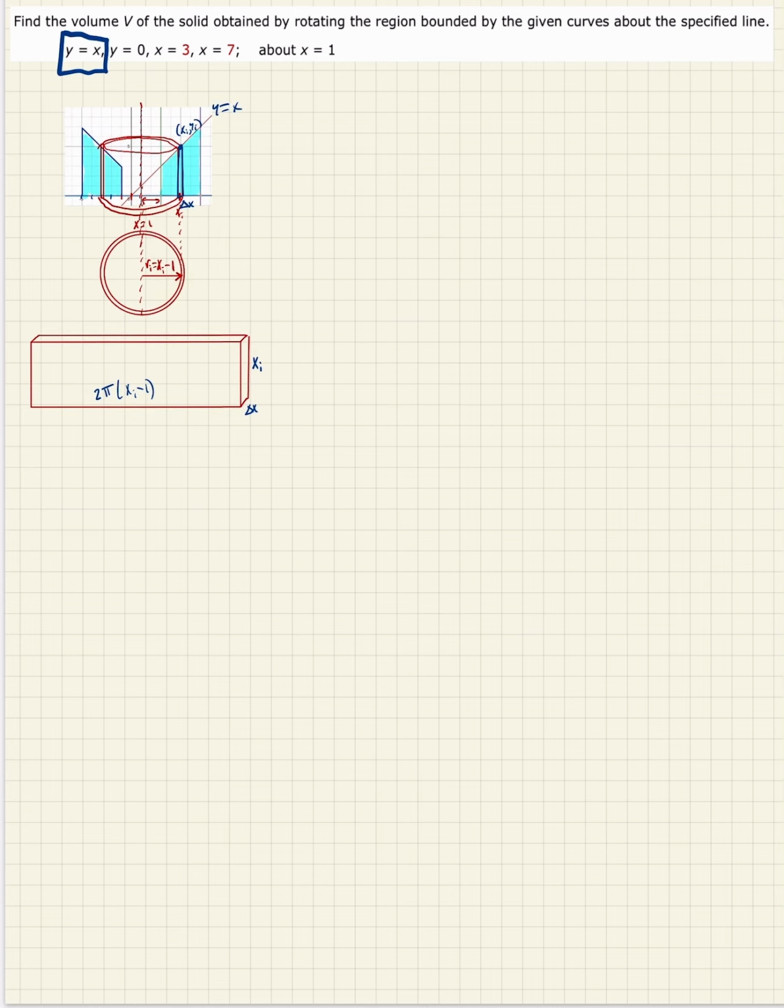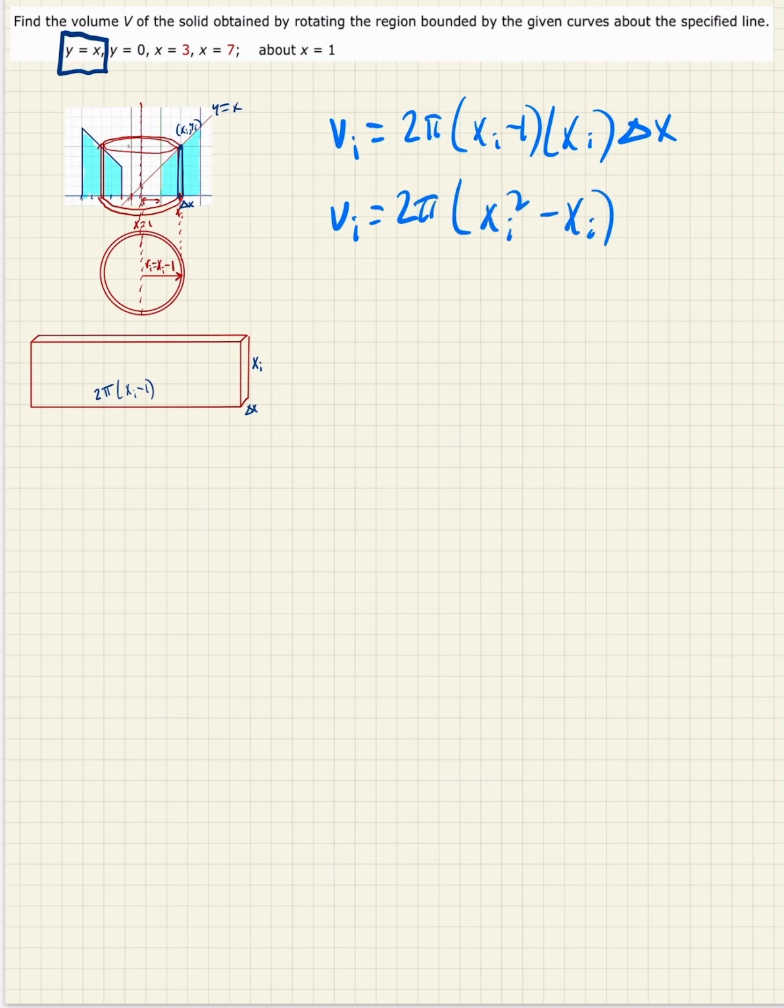So now a volume would be v sub i equal to length times width times height. So 2 pi times x sub i minus 1 times x sub i times delta x. And we could distribute that x sub i, and we'd have 2 pi times x sub i squared minus x sub i, times delta x.